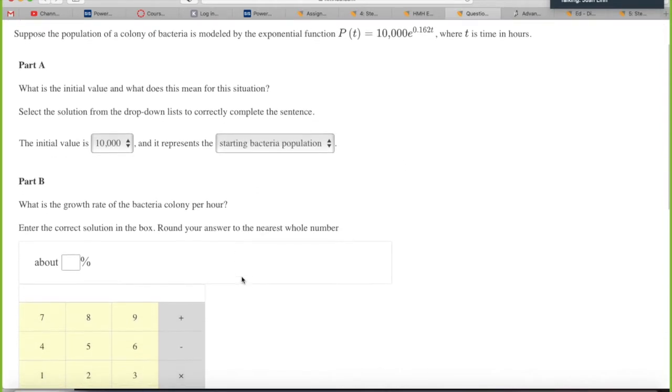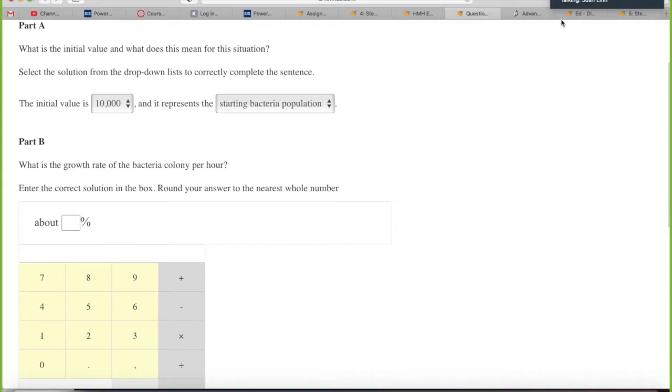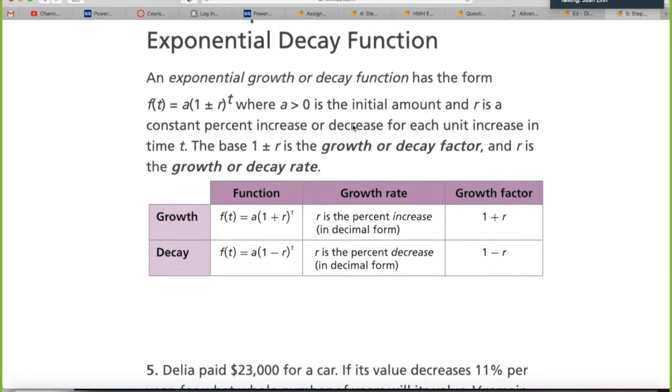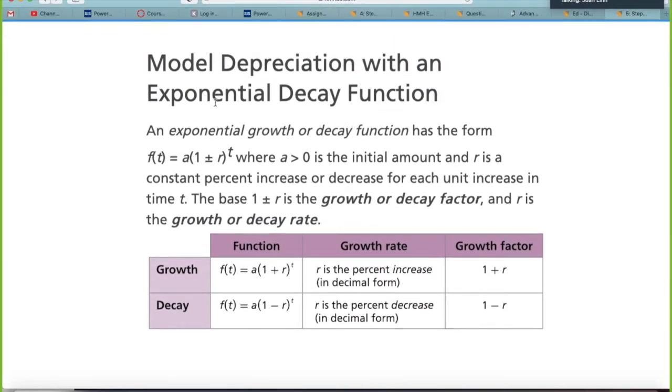So what is the growth rate of the bacterial colony? This is going to require the use of, from last lesson, the exponential growth and decay function that we used. I can already tell you, based on the situation, bacteria tends to grow, so it is probably going to be a growth function.